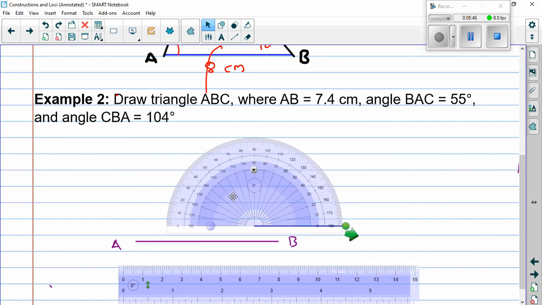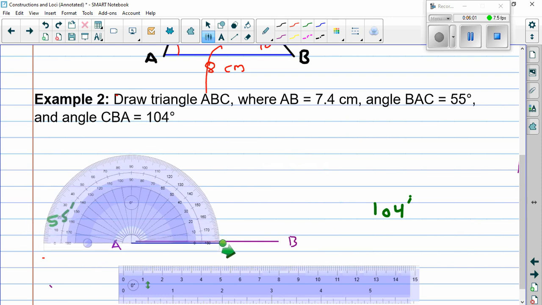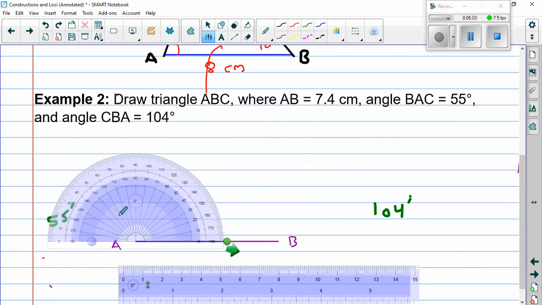Sometimes it can help you to note that you want 55 degrees over here, and this will be 104 over here. So I'm going to start with my A angle. I'm going to put it right on the end, and we're looking for 55 degrees. So we're looking on our right side, so it points over there, and we want to make our little pen mark at 55.